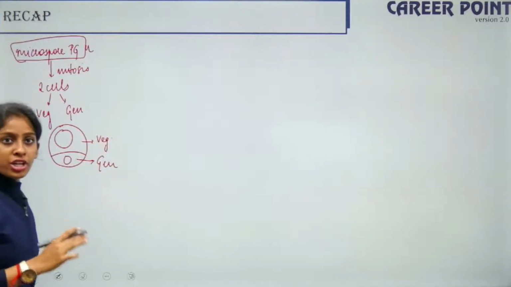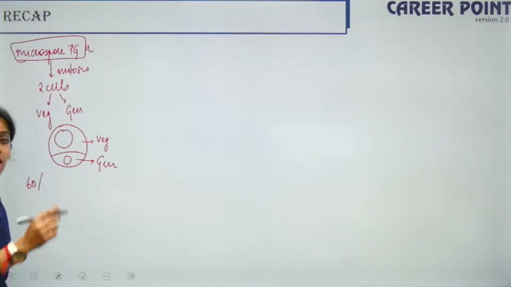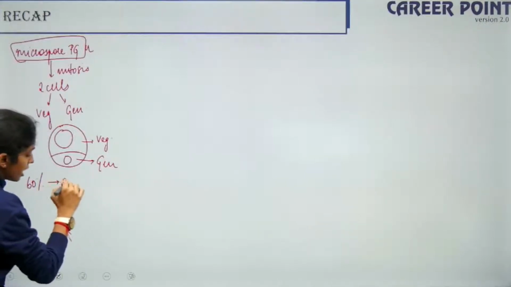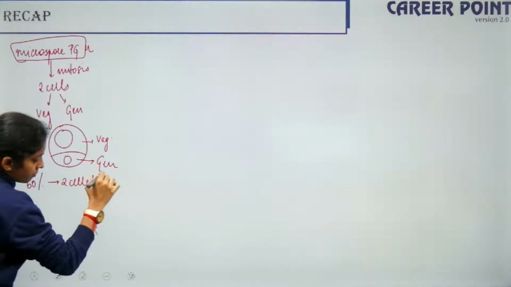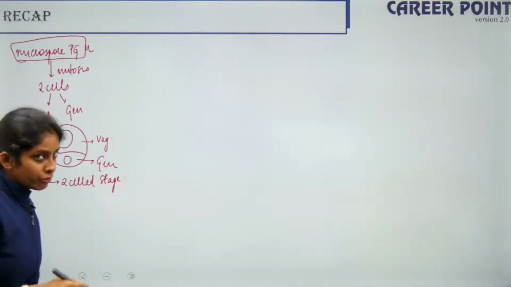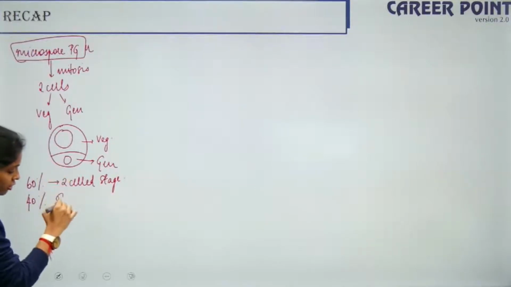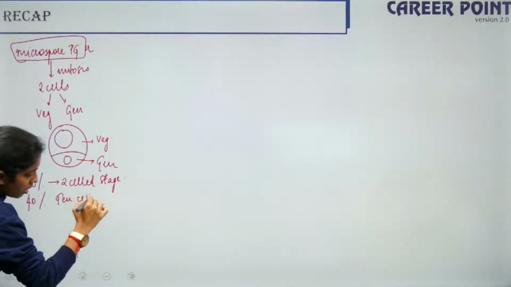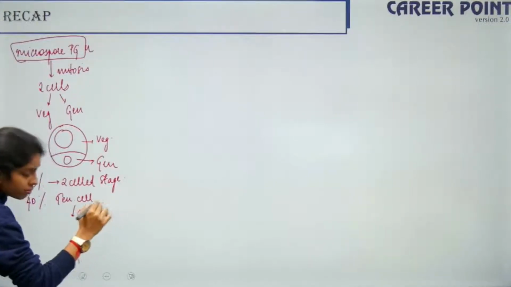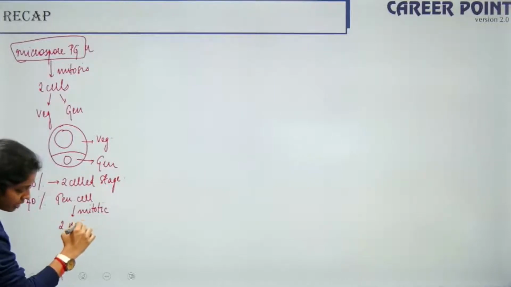In the majority of the angiosperms, you can say in 60% of the angiosperms, the pollen grains are released at the 2-cell stage. Fine. In the remaining 40% of the angiosperms, the generative cell undergoes further mitotic division, right, and it forms your 2 male gametes.